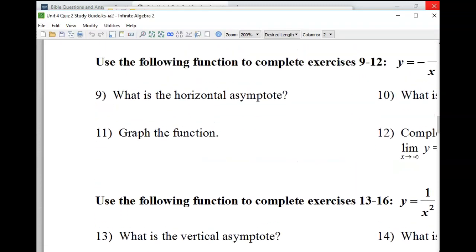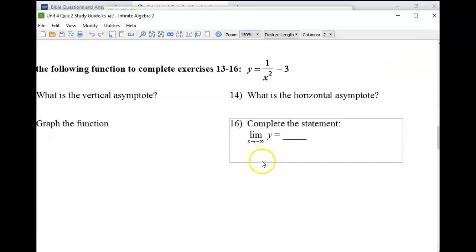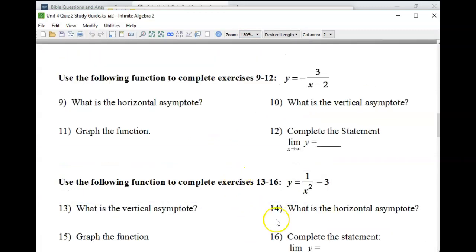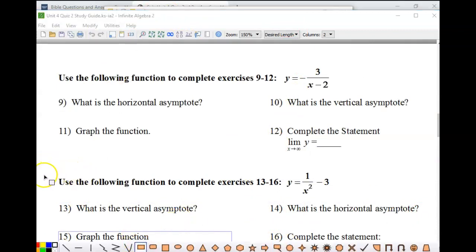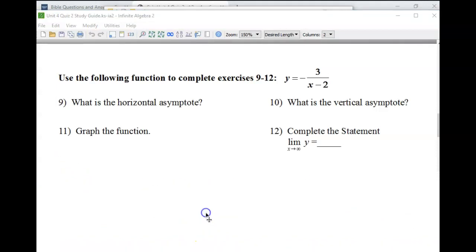Okay, so for numbers 9 through 12, we're using the equation at the top there. Let me create some writing space and we'll get started.